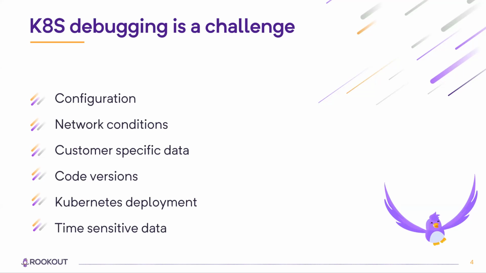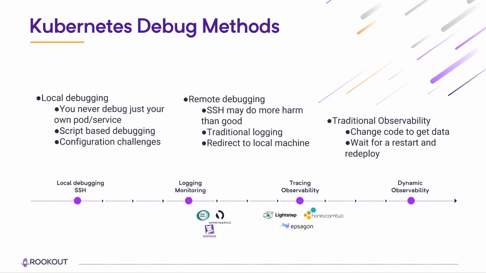So how do we try to address these challenges when we find a bug in our Kubernetes environment? Traditionally, we used to try debugging locally. Some customers are just not able to reproduce the environment locally. You never really debug a single pod. You never really debug a single service. You have to be able to recreate the whole infrastructure.